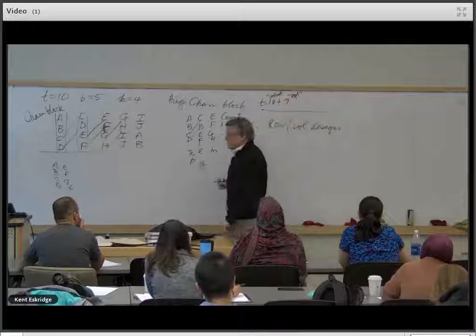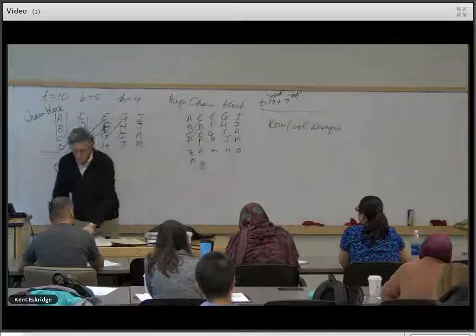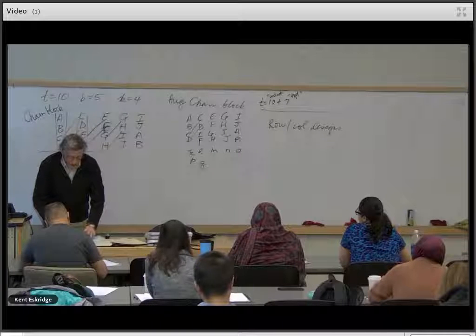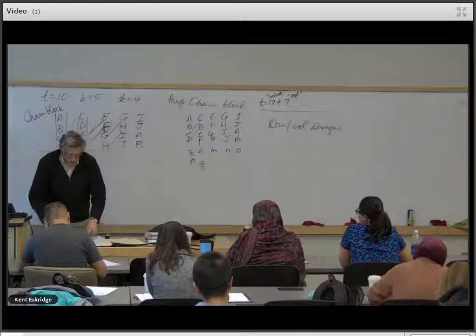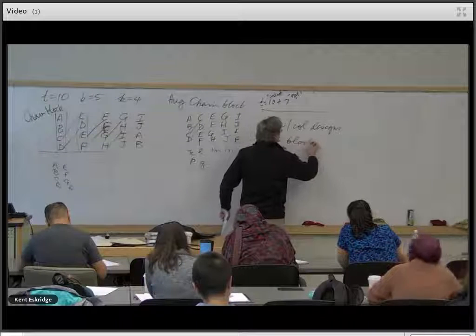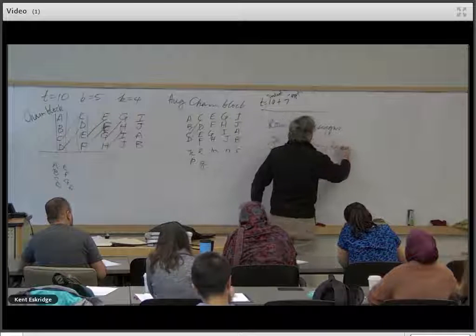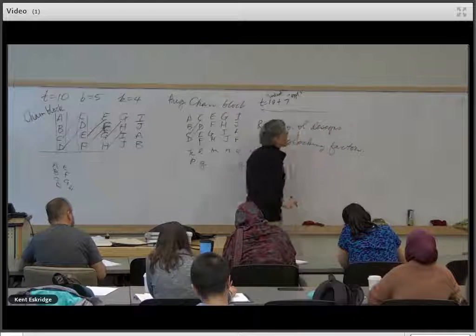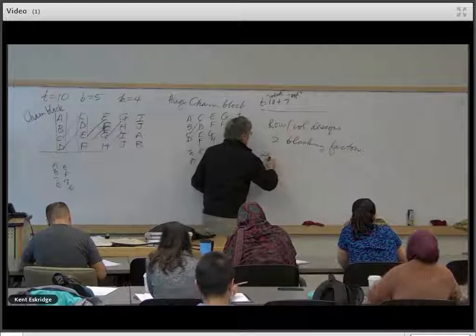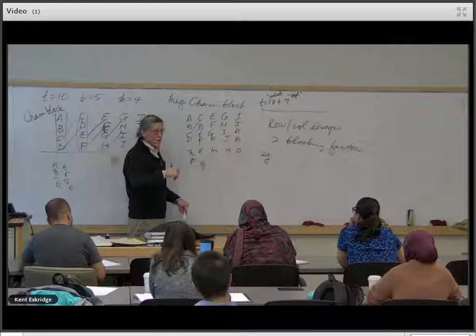In this case, we're going to have 2 blocking factors. So I have 2 types of blocking factors, if you will. For example, I'm working on a problem with Martha Rhodes.